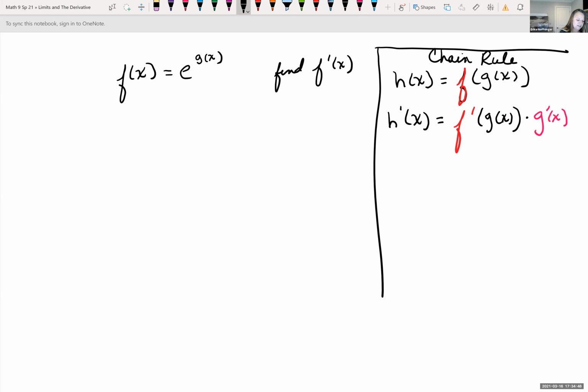In our case here, the outer function: let y equal e to the u, where u, if we plugged it in wherever we saw a u, we want that to be g of x. So u equals g of x.